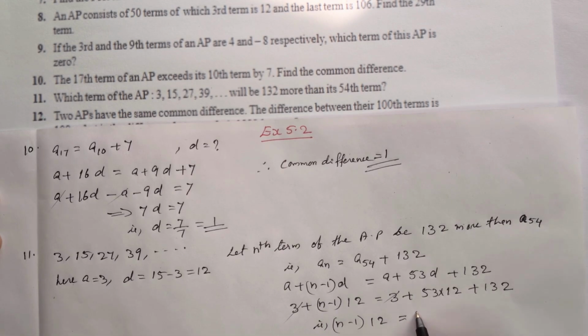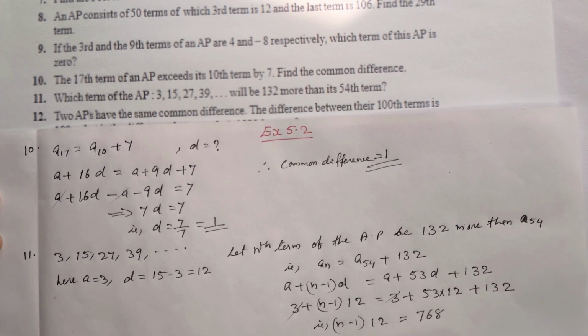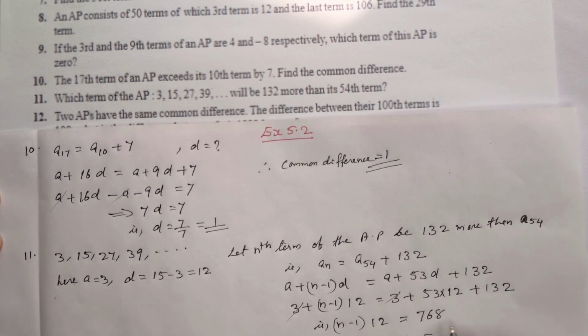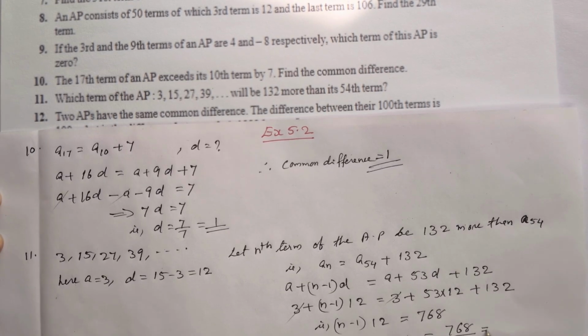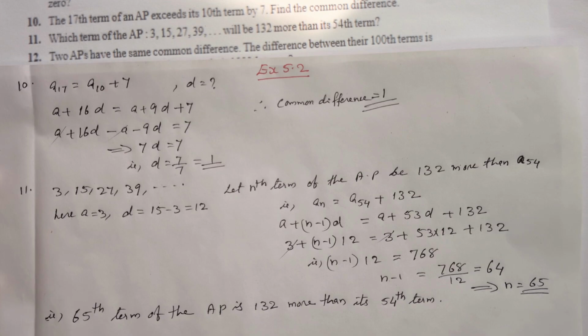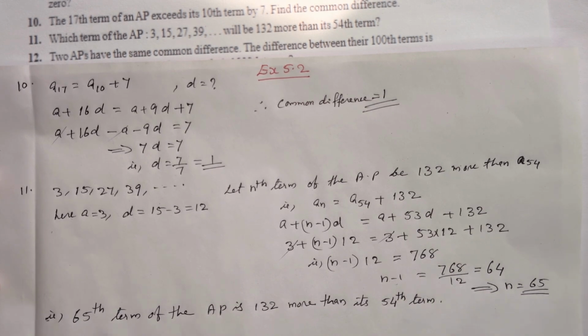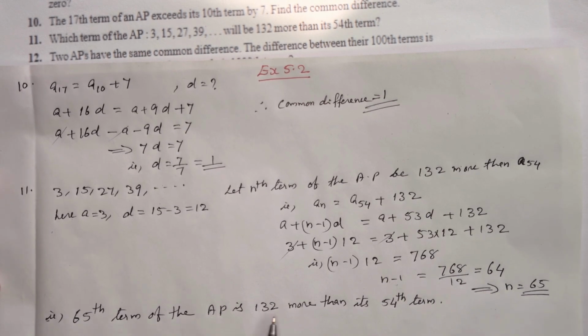That will come as 768. Then n minus 1 is equal to 768 by 12, which is equal to 64. So from here we are getting n minus 1 is equal to 64. So n is equal to 65, moving 1 to the other side. So we can write the 65th term of the AP is 132 more than its 54th term.